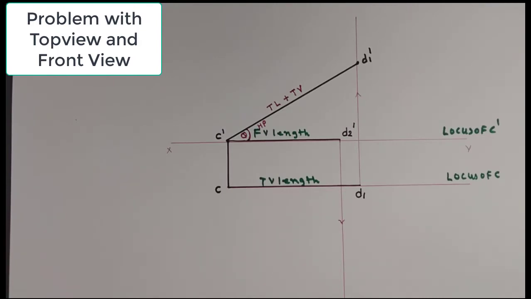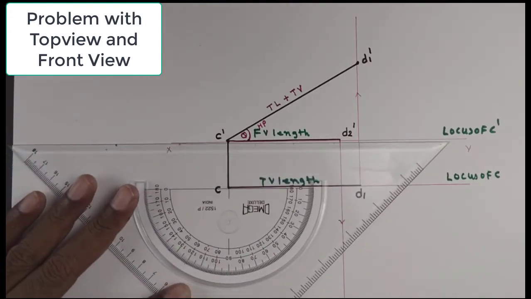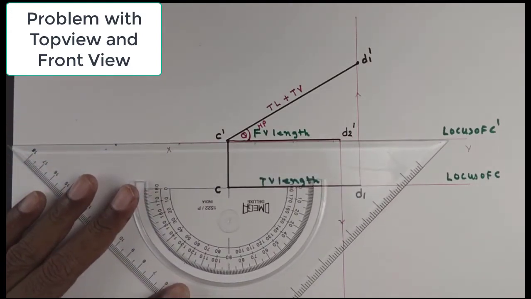Similarly, you take the angle with plan point C, because the line inclined to VP is given as 45 degrees.